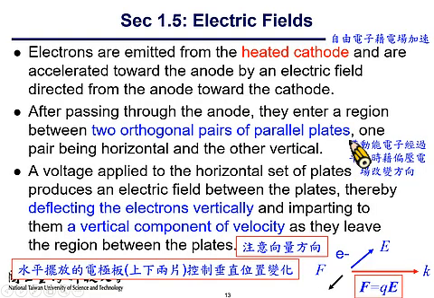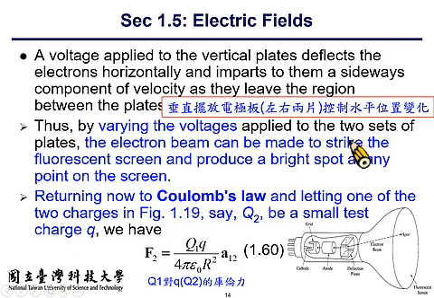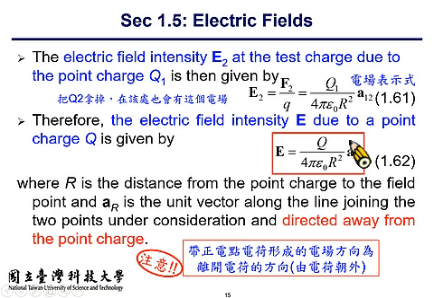Alright, so here are some descriptions about how cathode ray tubes work. So it's simply using this equation, the electrical force relationship, to deflect the path of the charged particles. Alright, so I will leave up the other text for you.